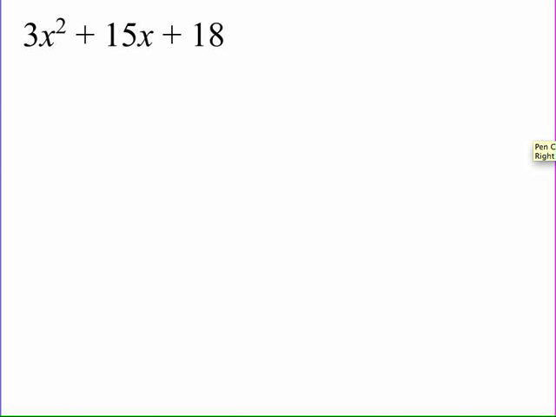3x squared plus 15x plus 18. What is the very first step? Be careful. Find what's in common. Is there something in common with 3, 15, and 18? 3.